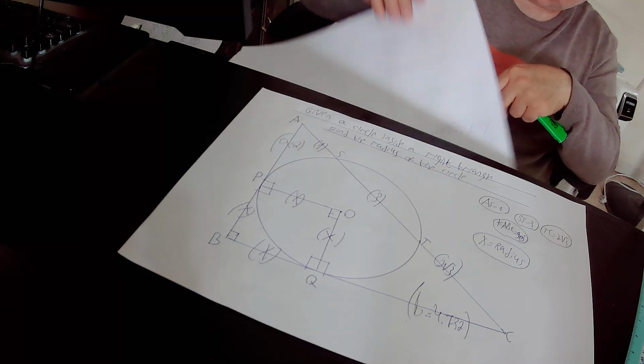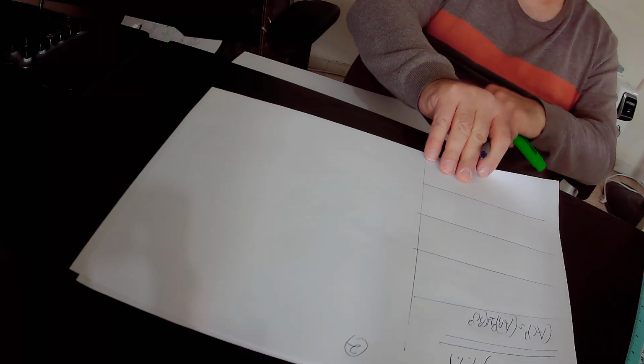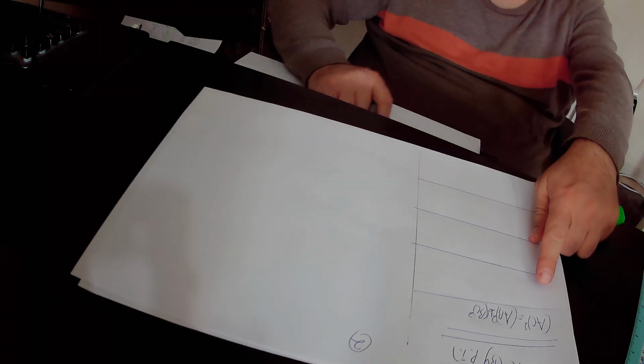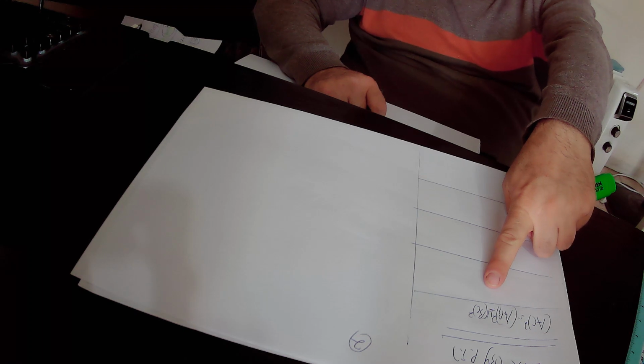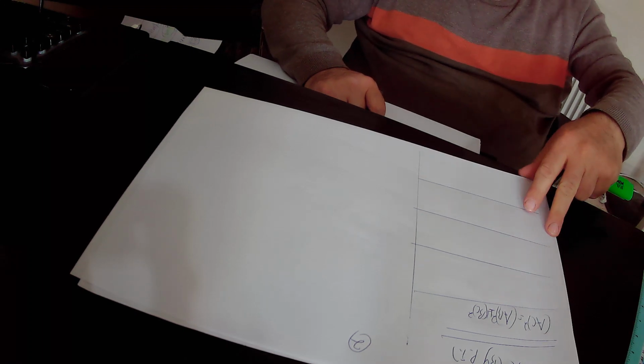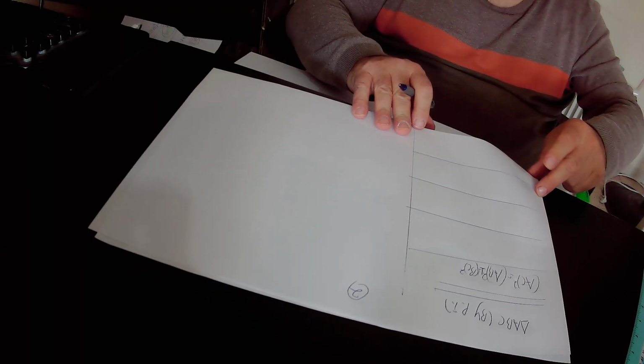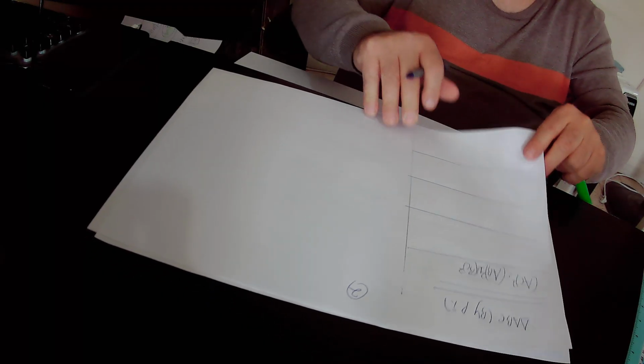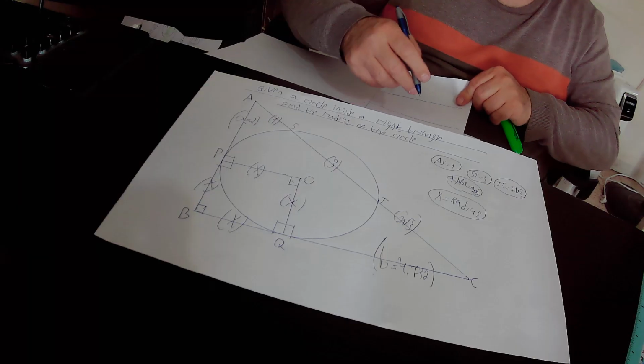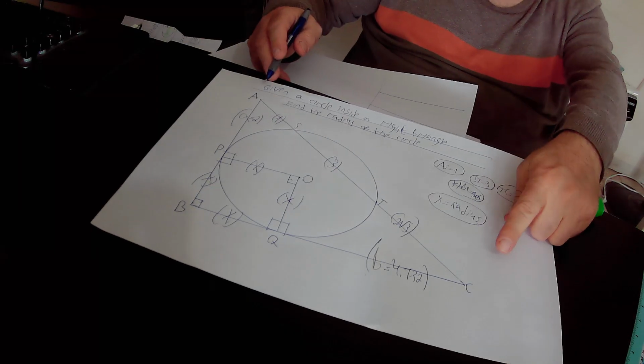Repeat again. According to the Pythagoras theorem, in the right triangle ABC, AC squared equals AB squared plus BC squared. So AC squared, what is the length of AC?